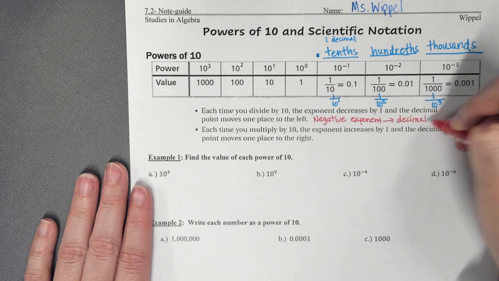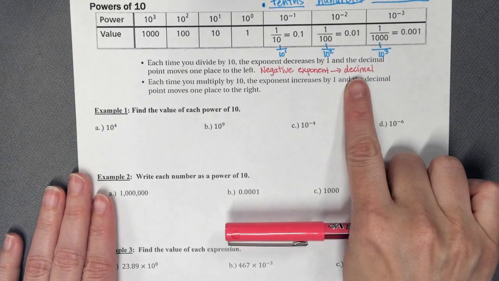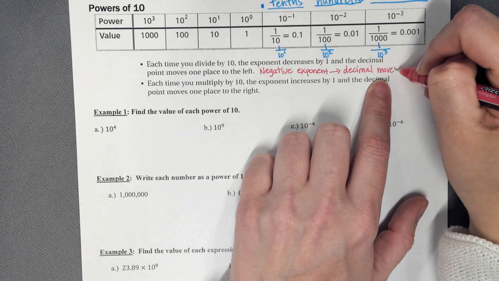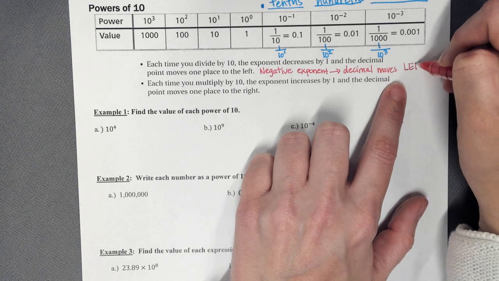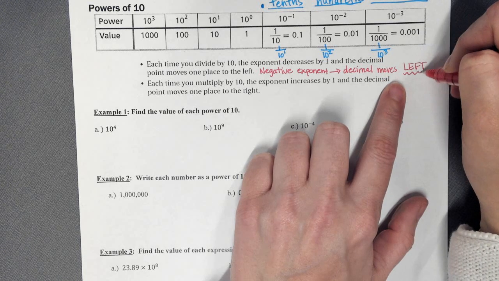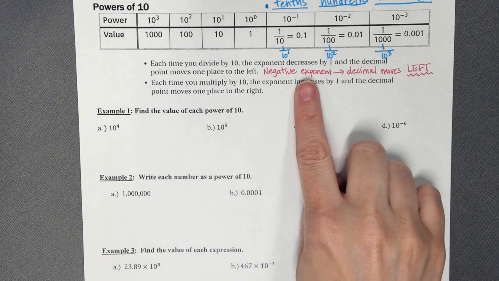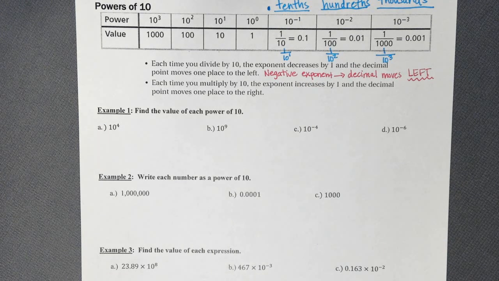So negative exponent means the decimal moves left. That is dividing by 10. You're moving one place to the left for every time you do that.